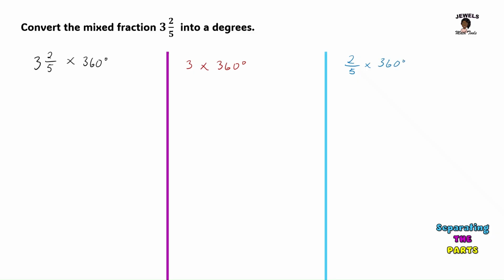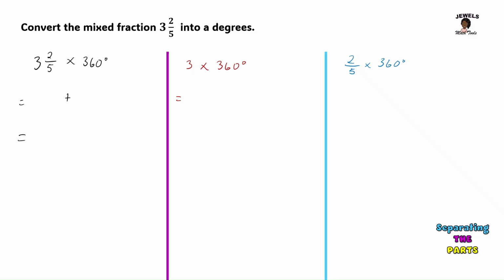After we have multiplied the whole number part and our fractional part to 360, we will then come back and add the two parts together to find out the full sum of our fraction 3 and 2/5 when it is converted to degrees. This is just an alternative method that you can use to change your fraction to degrees.